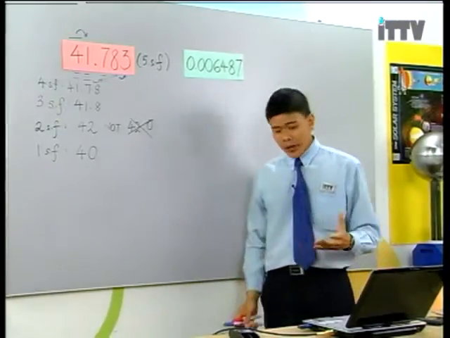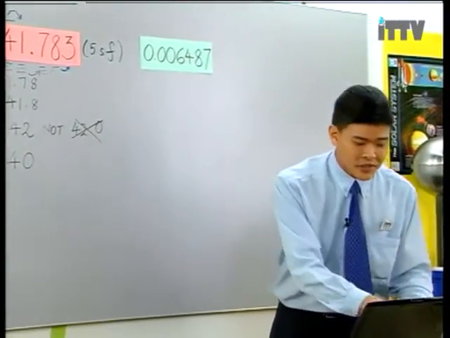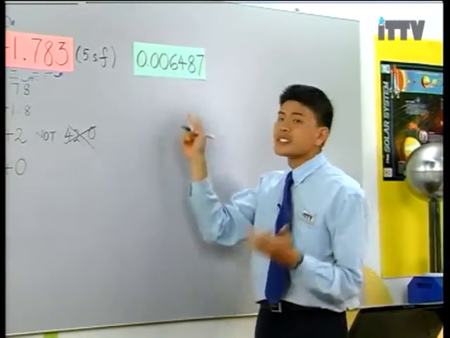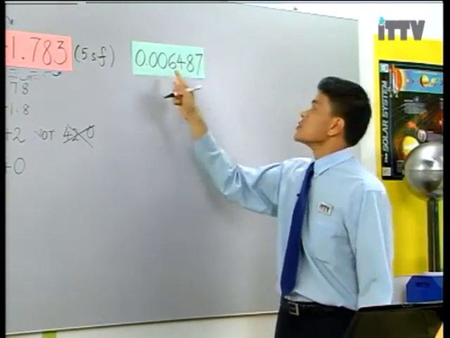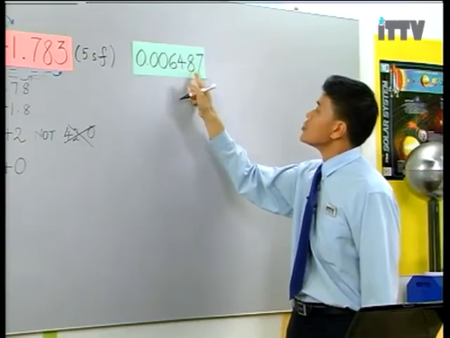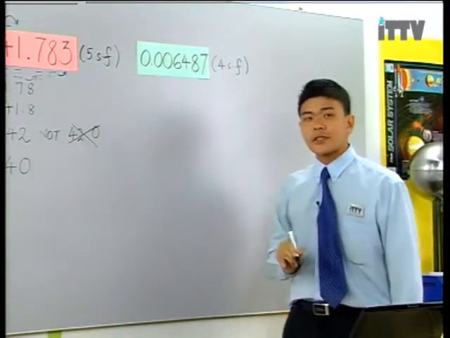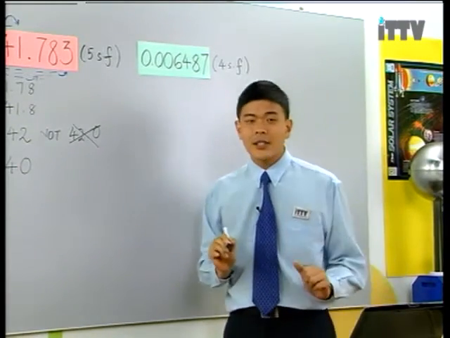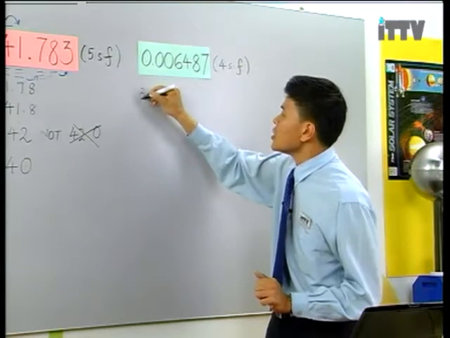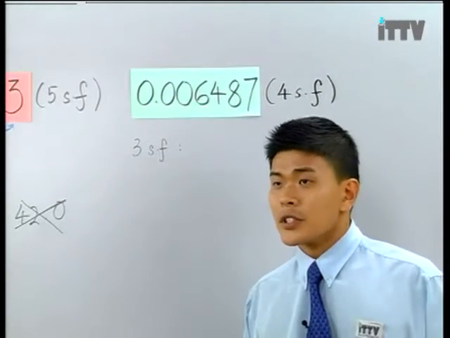Our initial number, which is 0.006487, gives us how many significant figures initially? Okay, leading zeros are not significant figures. So there are only 1, 2, 3, 4 significant figures. Now, if we want to round it off to the first level of accuracy, we are reducing the number of significant figures.